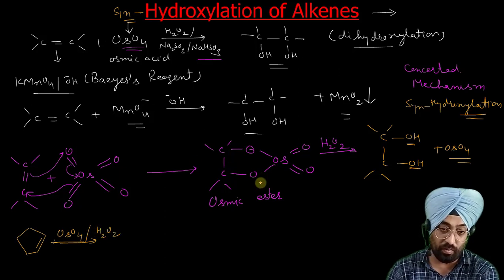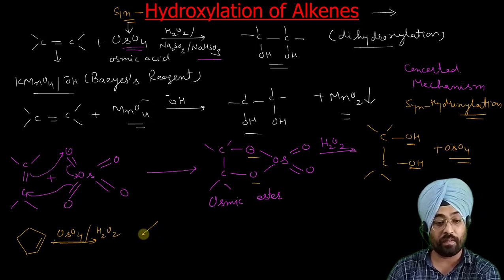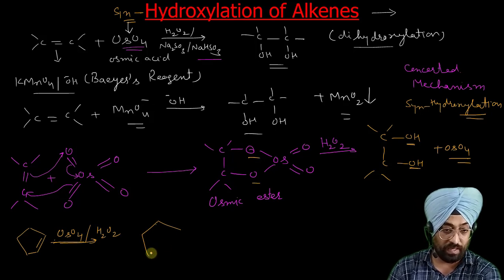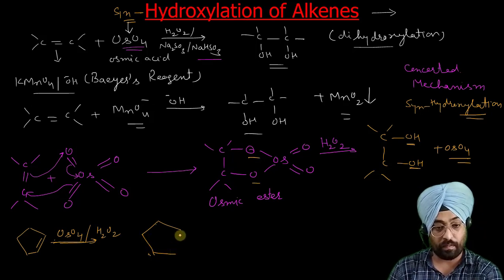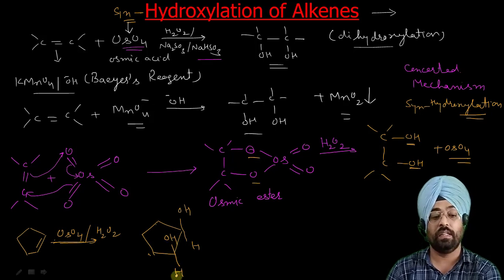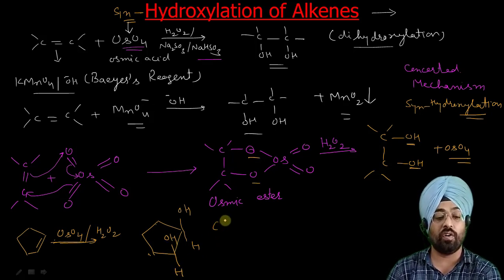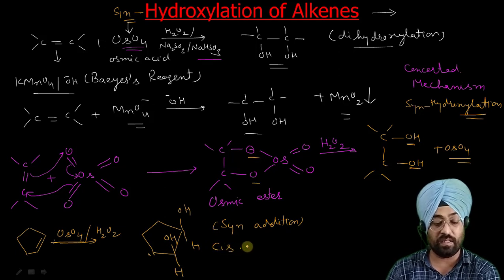As you can see, both the O have been added on the same side, so I will write the product here, something like this. Both the OH add on the same side, so OH and H, that will be your product. It is called syn addition and we will get a cis product.